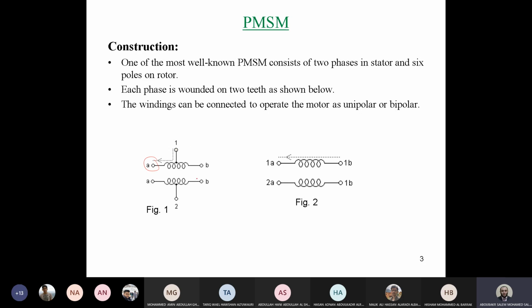So in the unipolar motor, we are going to consider energizing one half coil, or two halves.